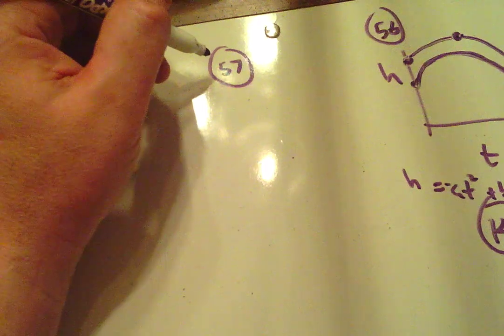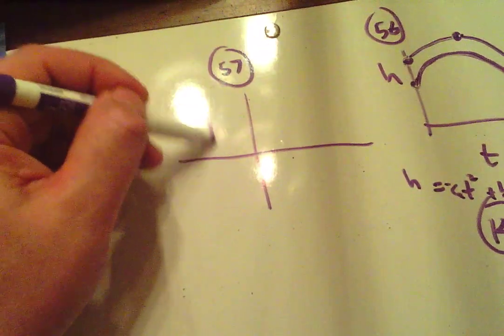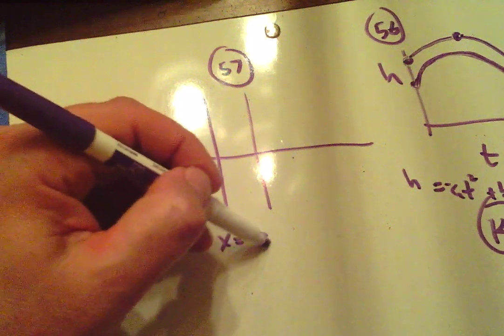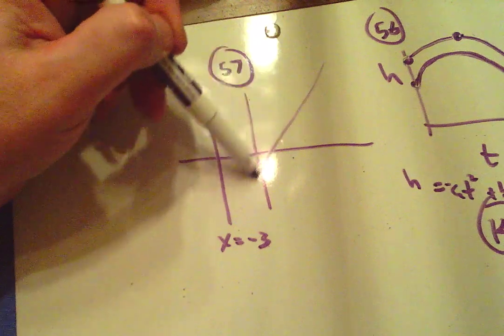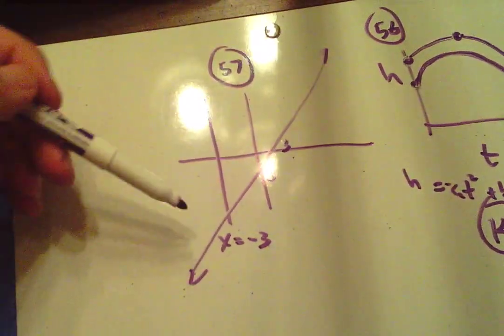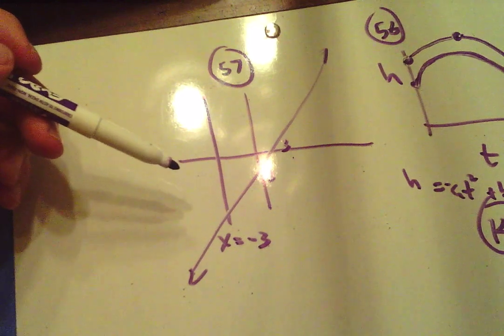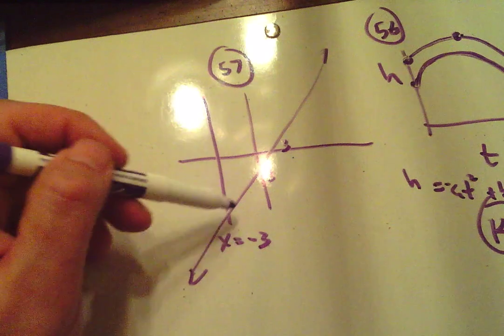Graph in the xy plane the line x equals negative 3 and the line y equals x minus 3. Y equals x minus 3. We're supposed to find the intersecting point.